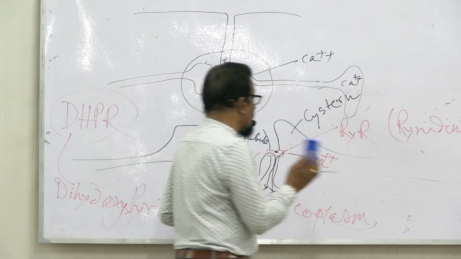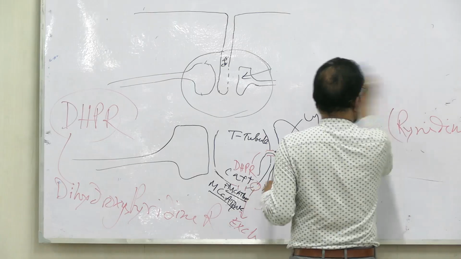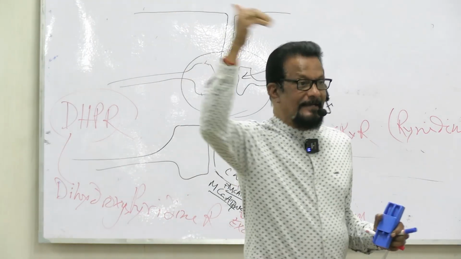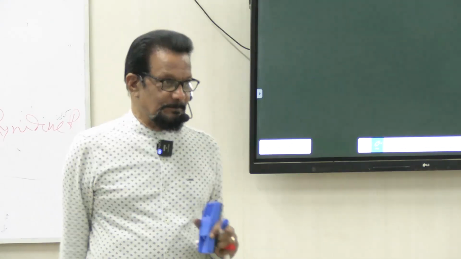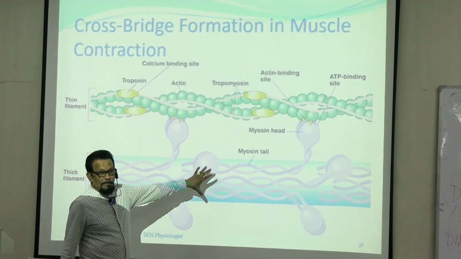So this part is over. Now we have seen calcium ion has entered. Now what will this calcium ion do? I am coming to it diagrammatically. What is this?